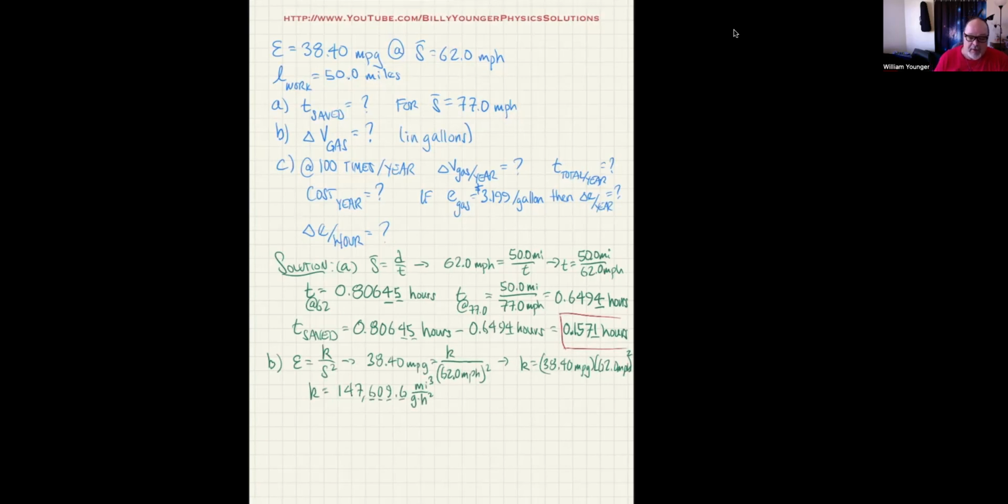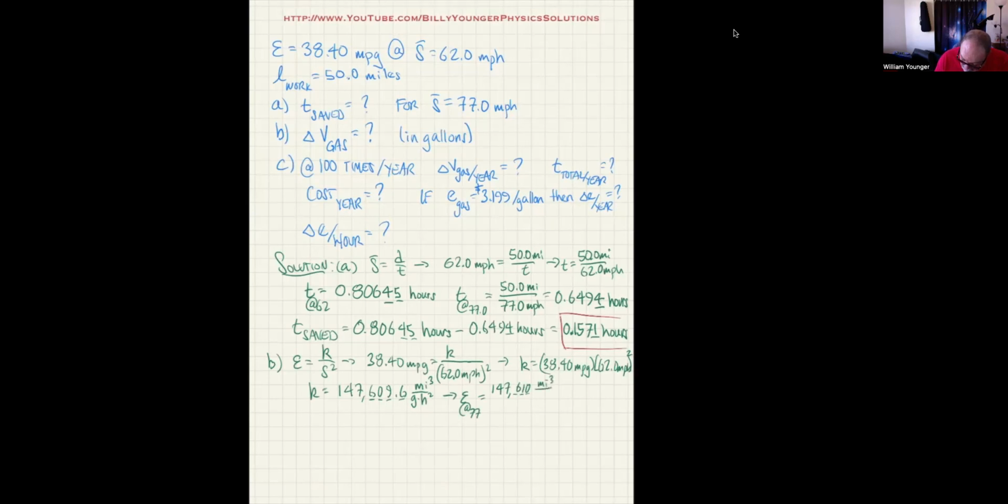So with that in mind, what I want to do is see what the fuel efficiency is at 77 using that K, and then find the difference in the amount of fuel I use in the two cases. So this implies that efficiency at 77 is equal to that same number, 147,610, let's say. That's more than enough extra sig figs, obviously.